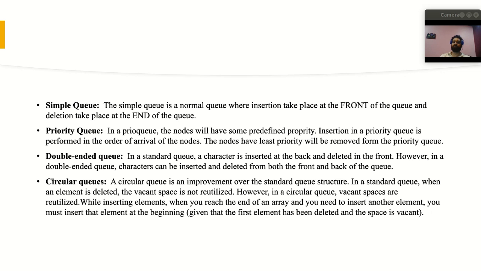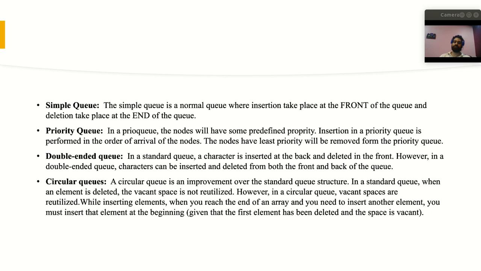Now the second type of queue is the priority queue. Basically in a priority queue, every element is known as a node, and that node has some priority defined. The element which has the lowest priority will come out first.